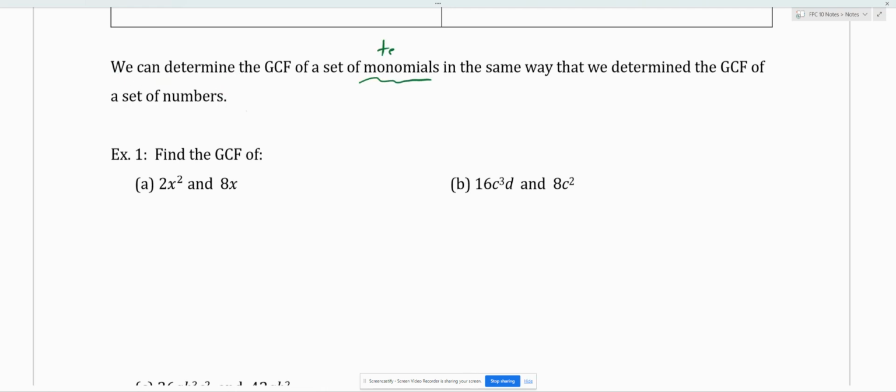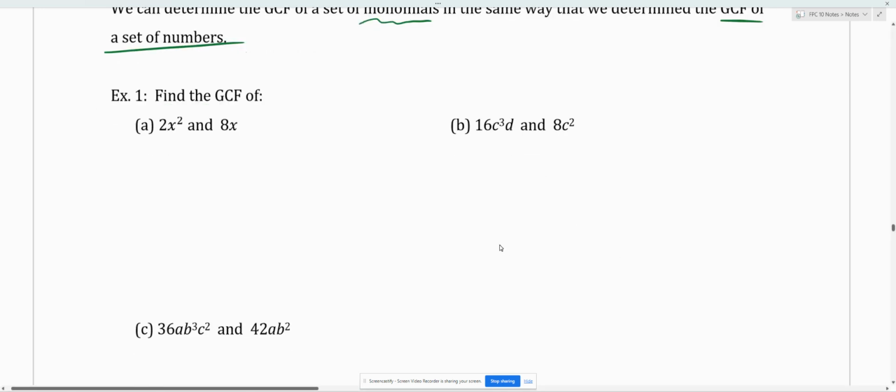Remember, monomials are basically each one of them is considered a term. So these are terms. The same way we did a GCF when we had a set of numbers, we had a set of numbers and we were finding GCFs using prime factor trees. Let's do something similar. So first term here, we got 2x squared. I'm going to break that into its basic core factors.